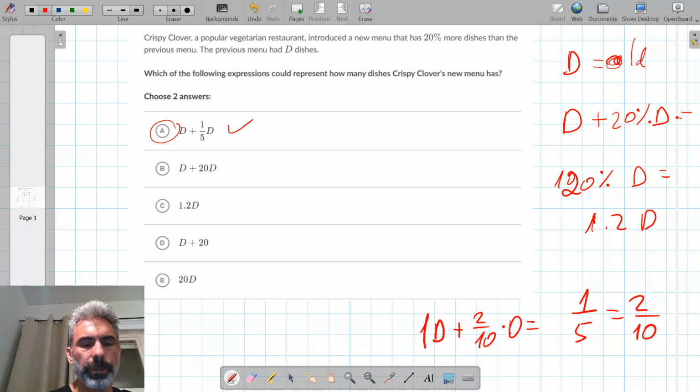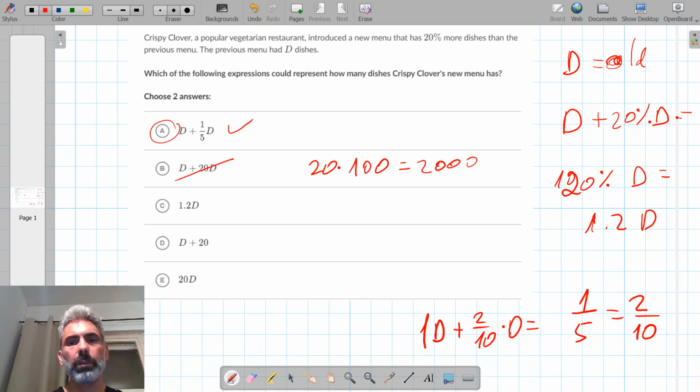So this is good. So D plus 20D is incorrect, because 20 is not 20%. It's 20 times 100%. Each whole is 100%. So this is 20 times 100, which is 2000%. So this is 100% plus 2000%.